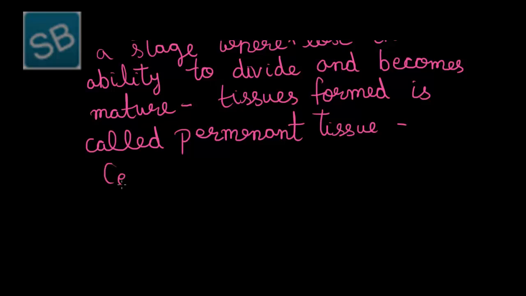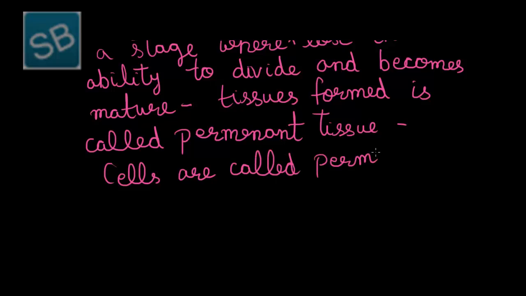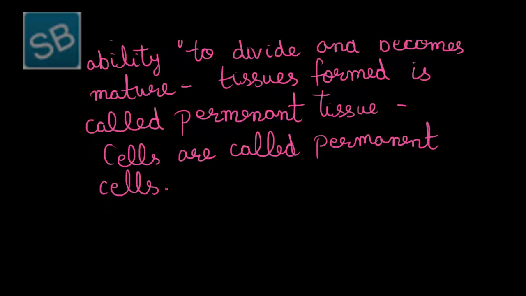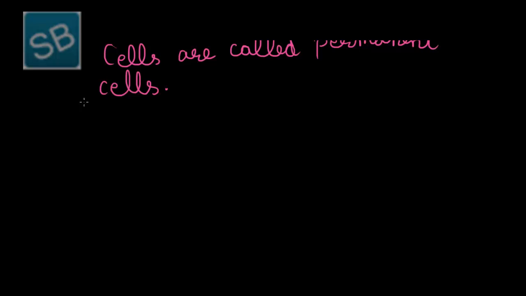And the cells which constitute this tissue are called permanent cells. Now this permanent tissue can also be of two types. First, simple permanent tissue, and second, complex permanent tissue.